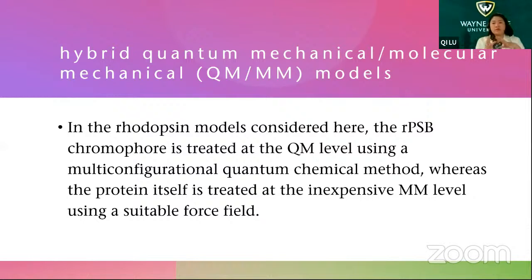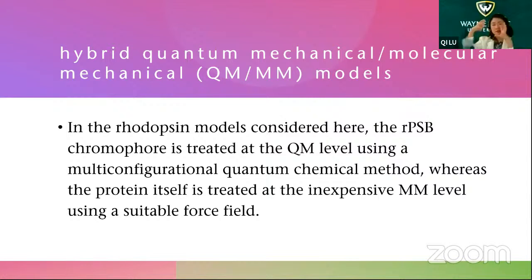This model system is based on the QM/MM model, a quantum mechanical, molecular mechanical model. What's important is that the protonated Schiffer base part is very critical, so its surroundings determine the central function of this rhodopsin.